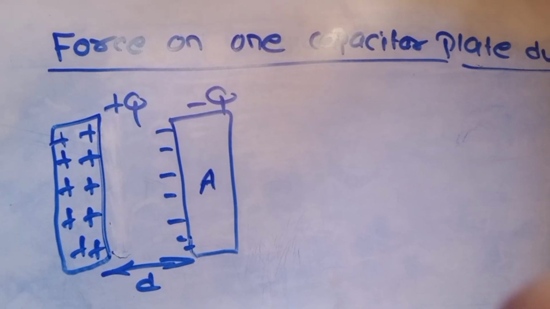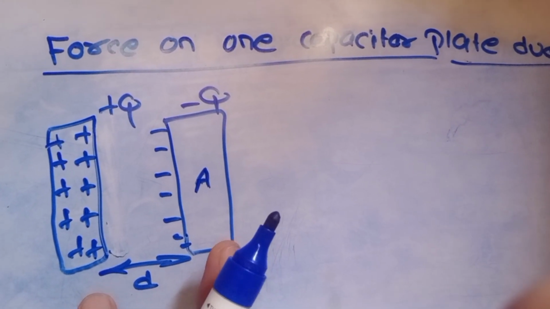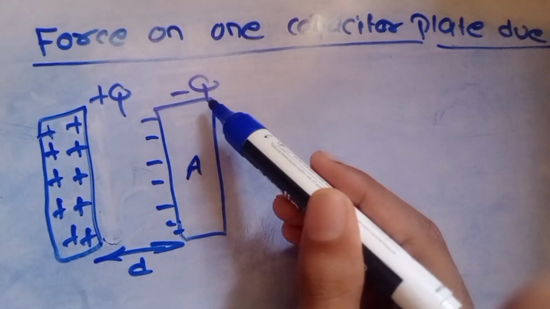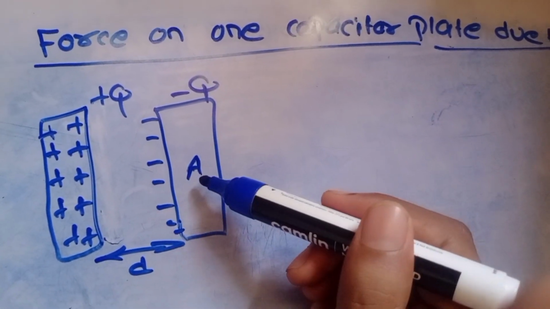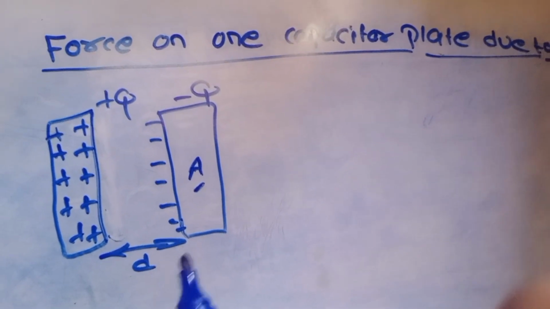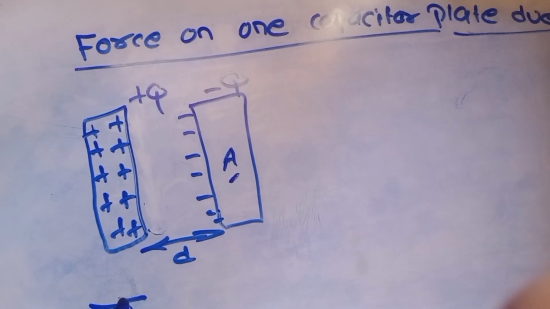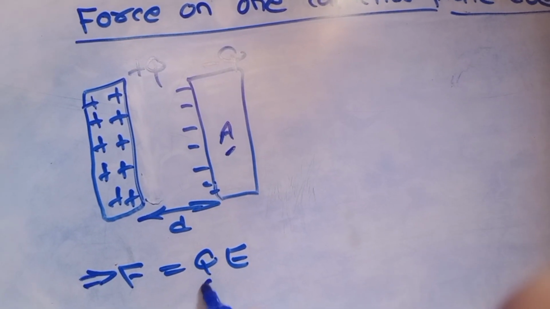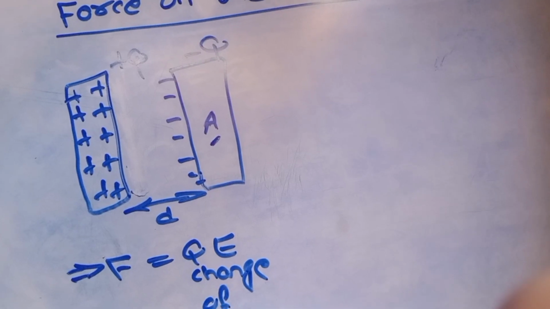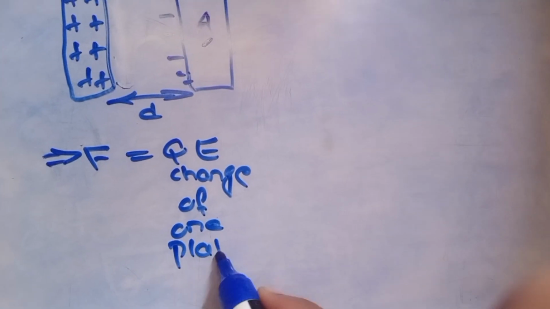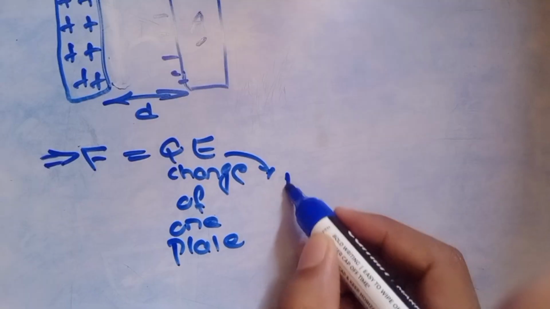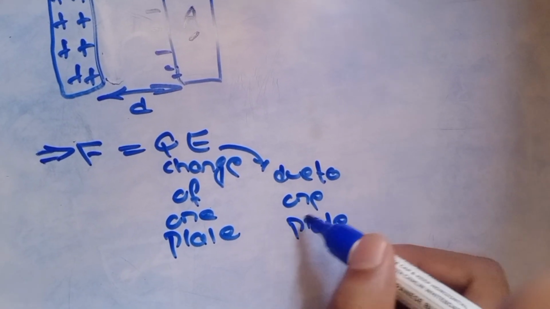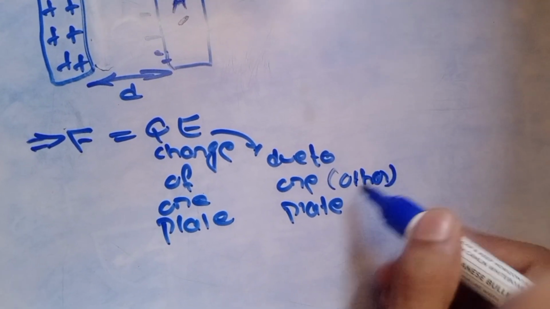This is the picture of the concept: two parallel plates, the first plate has plus Q charge and the second plate has negative Q charge, of area A, and the distance between the plates is D. So we have to find the force on one plate, equal to Q E. Q is the charge of one plate and E is the electric field due to the other plate, the second plate.